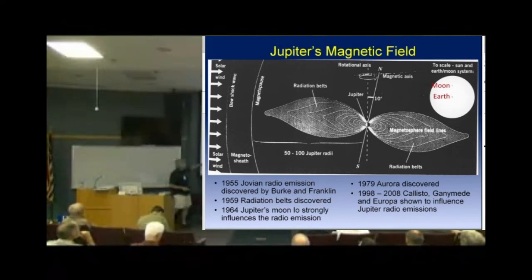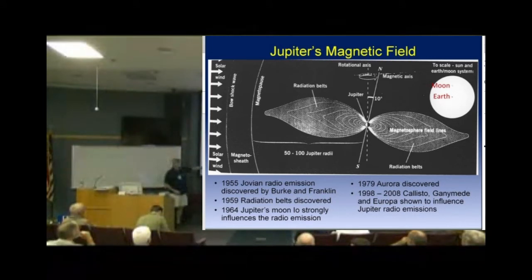And about the same time we were discovering or confirming that the Earth had radiation belts, with the Explorer spacecraft flying through them and making in situ measurements here, we made measurements of Jupiter's radiation belts. So it's basically the same year.